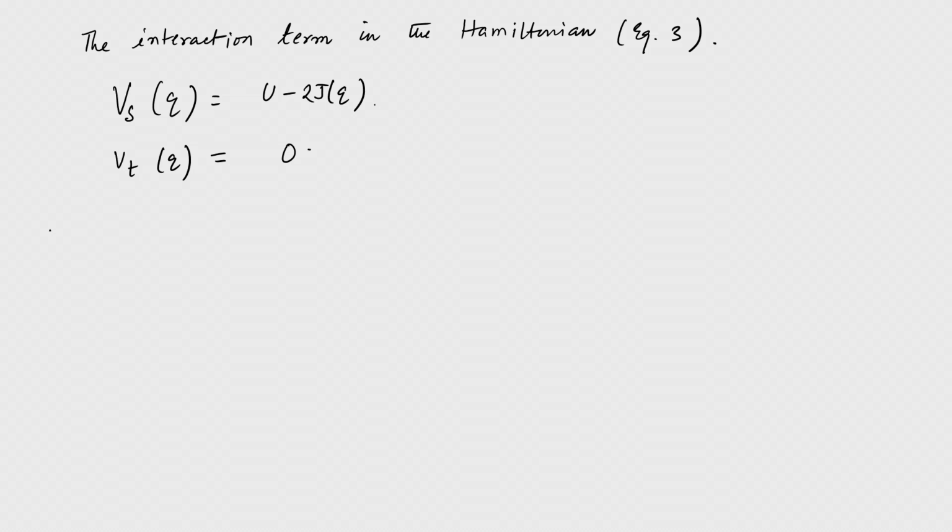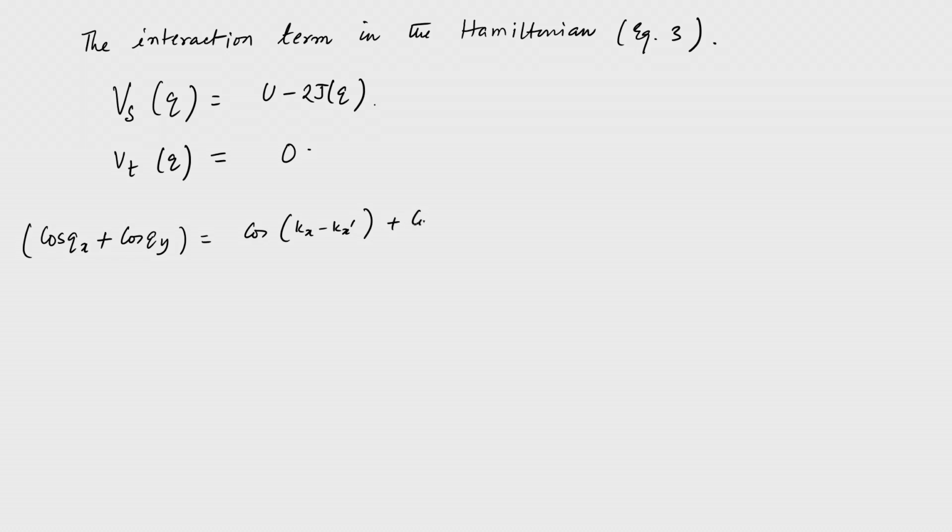And let us write down the term which is cos q x plus cos q y, which is coming from the j q term. So, this is equal to cos of k x minus k x prime plus cos of k y minus k y prime. So, this is like a half of cos k x plus cos k y times cos of k x prime. Basically this can be expanded, which I skipped one step, using cos a minus b plus cos c minus d, and if you combine all the terms and do a simplification, then this comes.